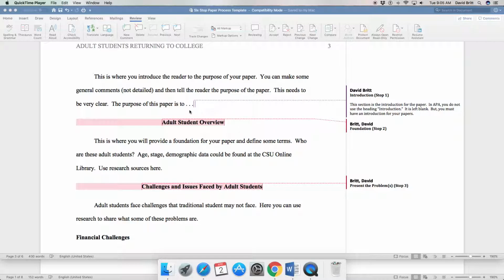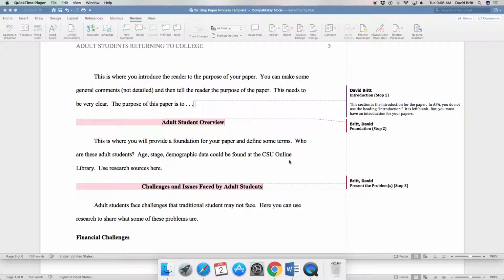Now the heading that I chose to use for stop two is setting the foundation. Before you jump into talking about things, you need to set a foundation. If you're going to talk about adult students, well, who are these adult students? This is where you provide this foundation and define some terms. Who are these students? How old are they? What stage of life are they in? Are they working? Are they not working? What other types of demographic data can you find?